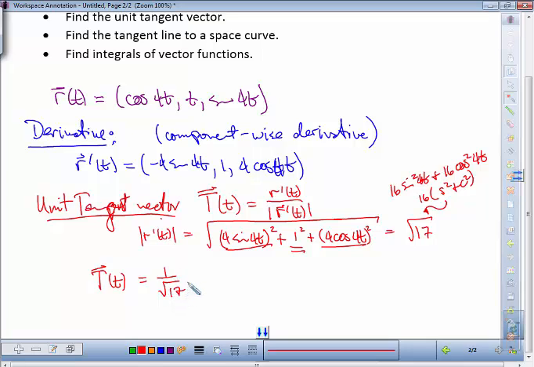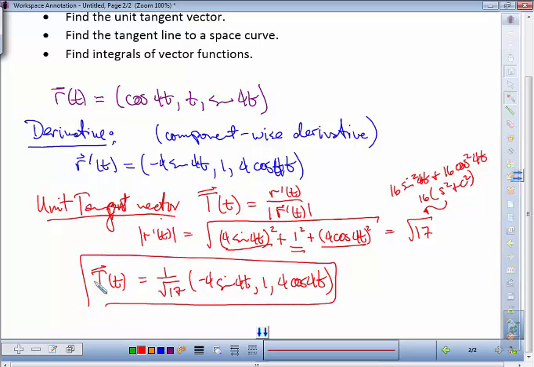So 1 over 17 times this whole big mess that we've had before. You can put it together if you need to, or you can leave it like that.